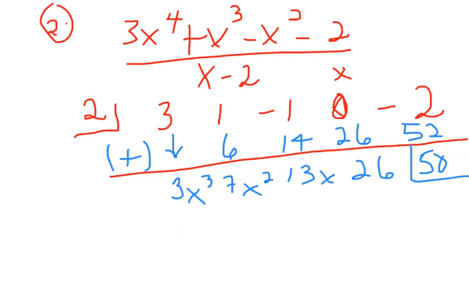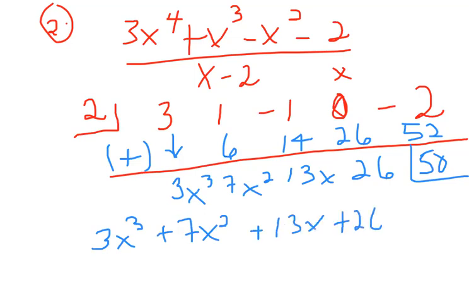So the quotient for this one is going to be 3x cubed plus 7x squared plus 13x plus 26, and then plus the remainder of 50 over the divisor, x minus 2. So yes, guys, all of this would represent the quotient to the problem.